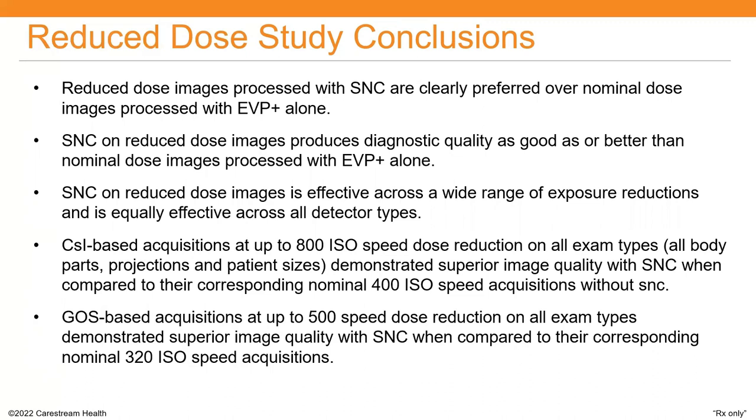And SNC on reduced dose images is effective across a wide range of exposure reductions and exam types, and is equally effective across all detector types. Finally, cesium acquisitions at up to 800 speed, reduced from 400 speed, demonstrate superior image quality with SNC, and likewise for GOS acquisitions at up to 500 speed, reduced from 320 speed.